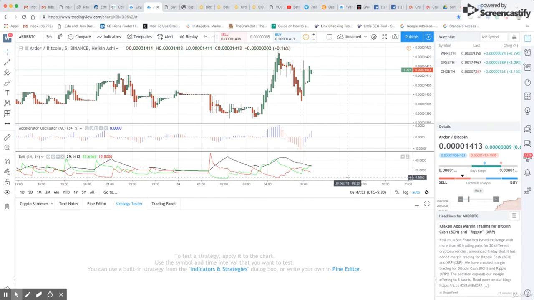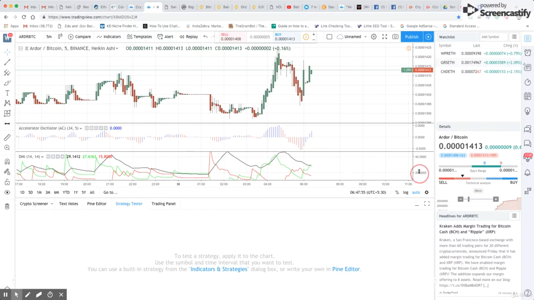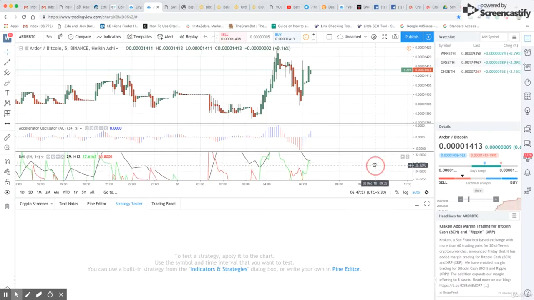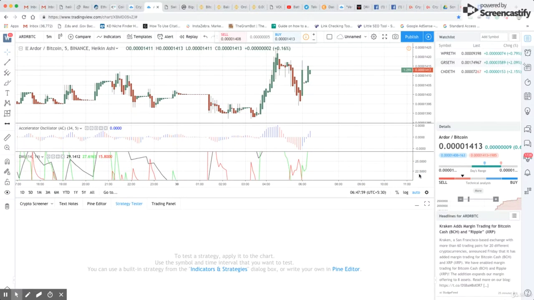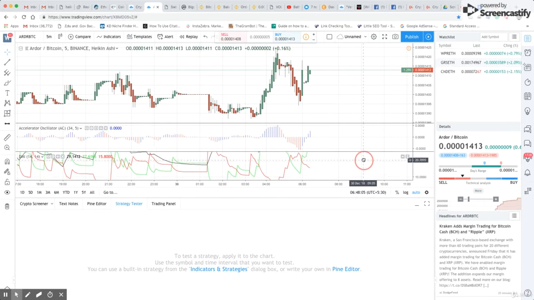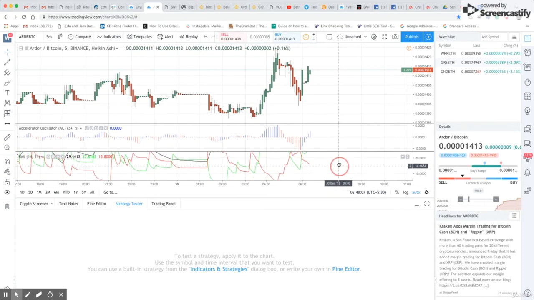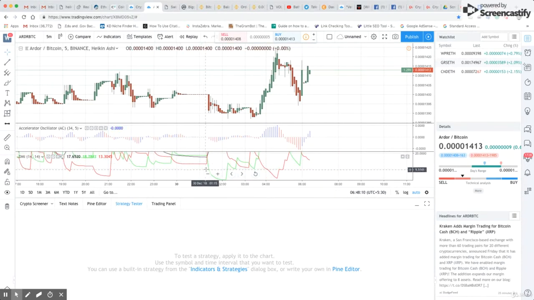Sorry, let me extend this so you can see that. You can see here it went below the 10-point mark. This is the 10-point mark, this is the line. It went below the 10-point mark and it came up.